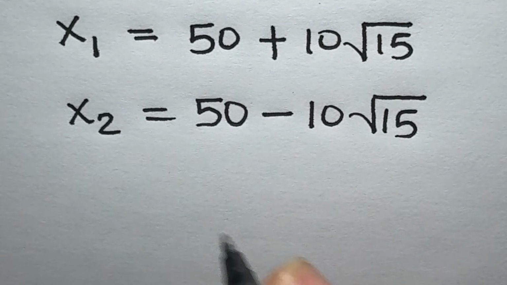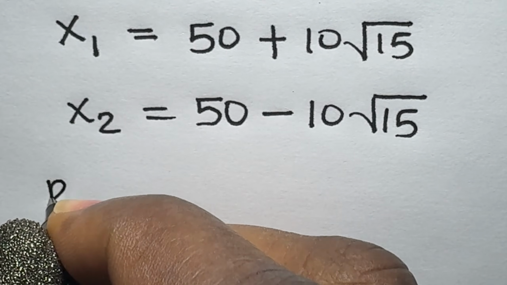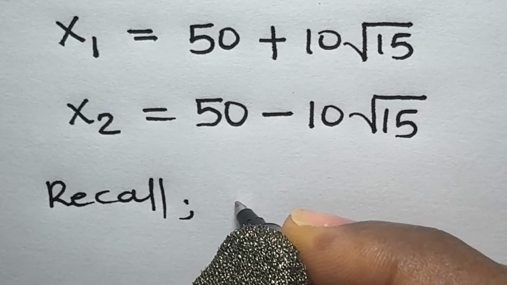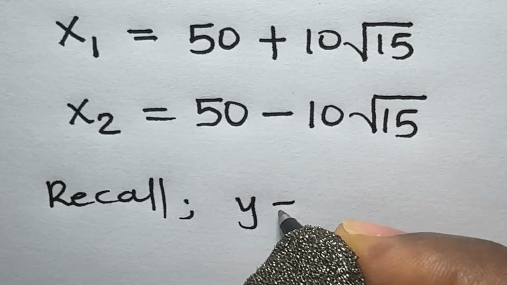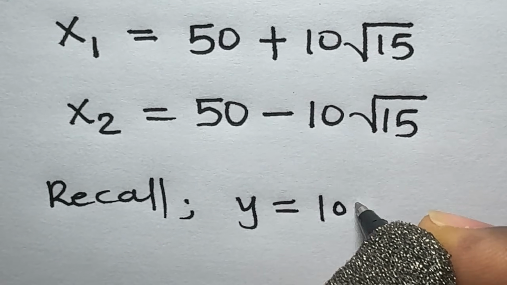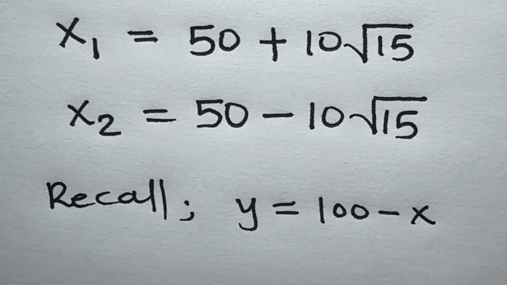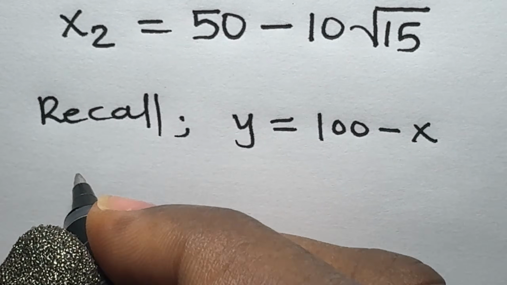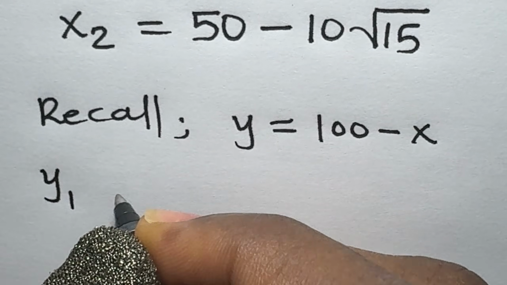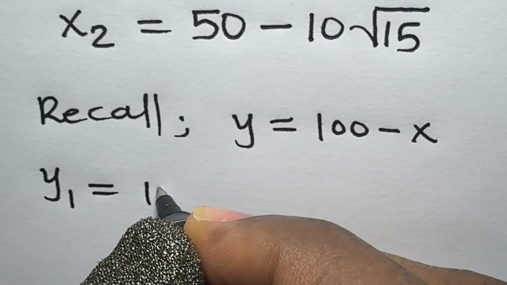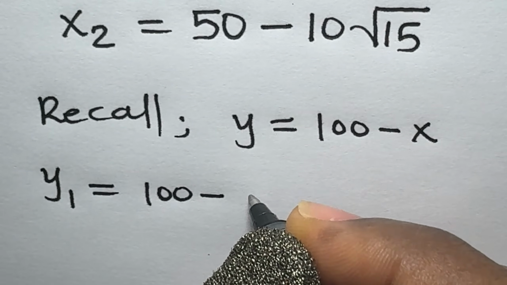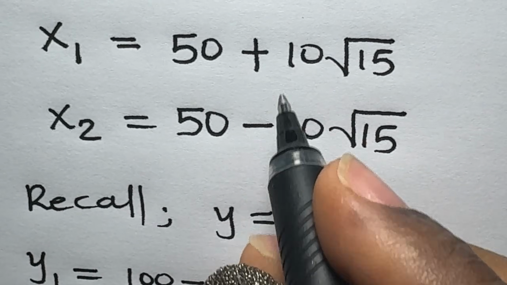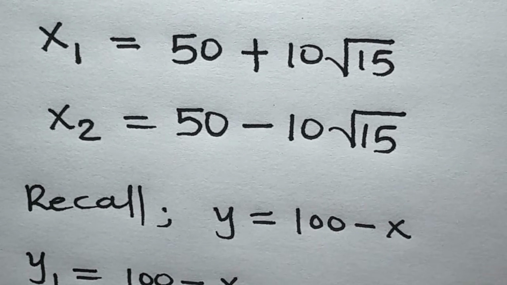You recall that if you go back into the video, in our equation 3, we got y is equal to 100 minus x. Therefore, for y1, we are going to do 100 minus x1. Remember, our x1 is 50 plus 10 root 15.